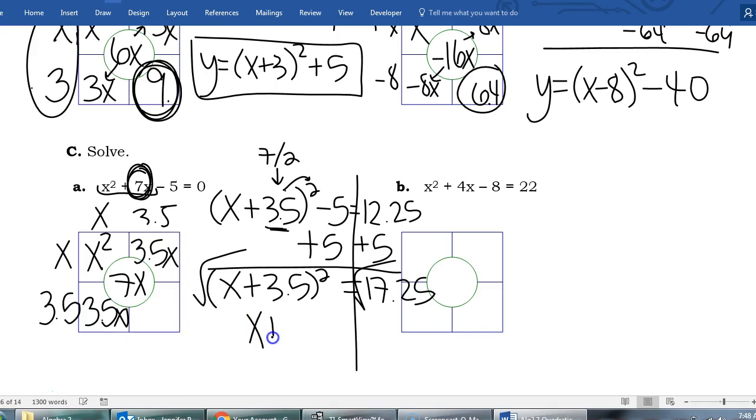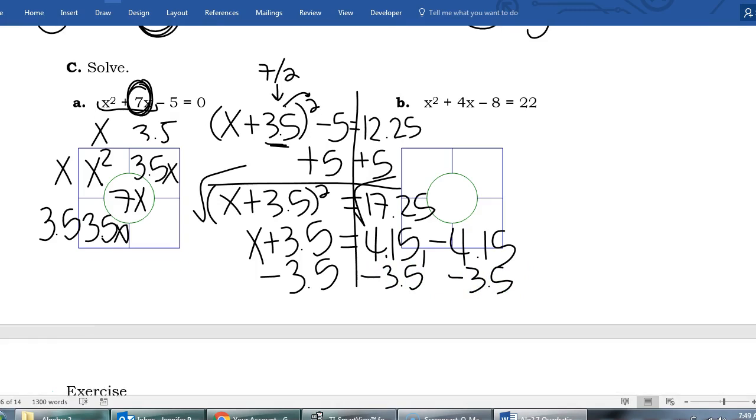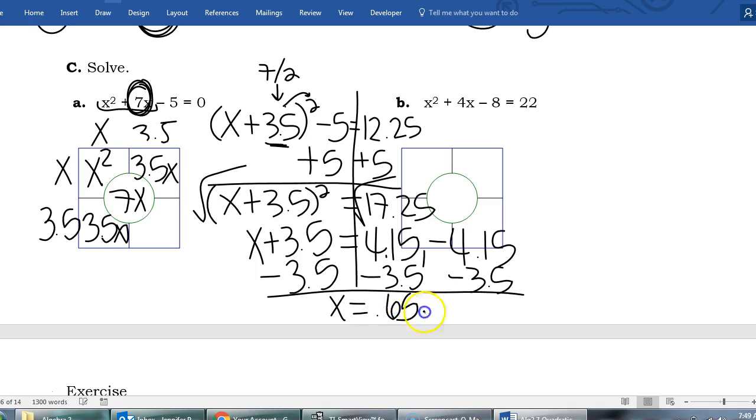4.15 and negative 4.15. And last step is minus 3.5, and that leaves us with x equals 0.65 and negative 7.65.